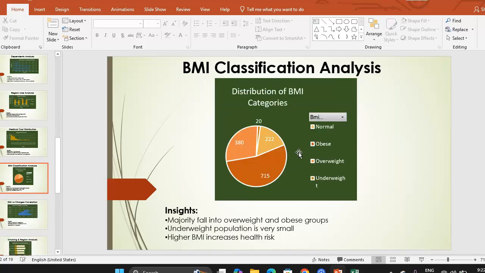Then the BMI classification analysis. For BMI classification, beneficiaries were classified into 4 categories: normal, obese, overweight, and underweight. The pie chart shows that the majority of individuals belong to overweight and obese categories.